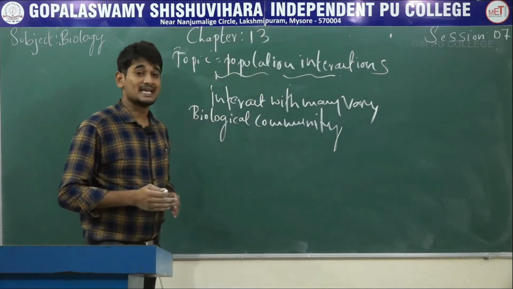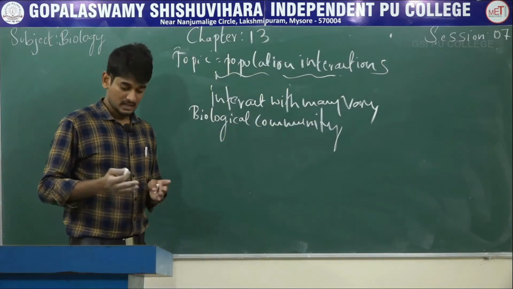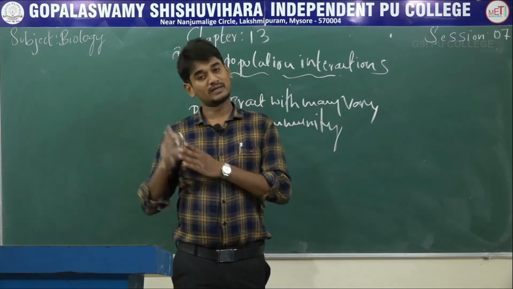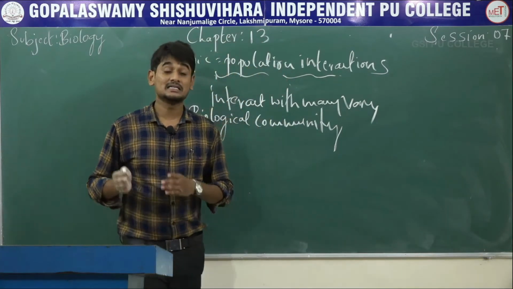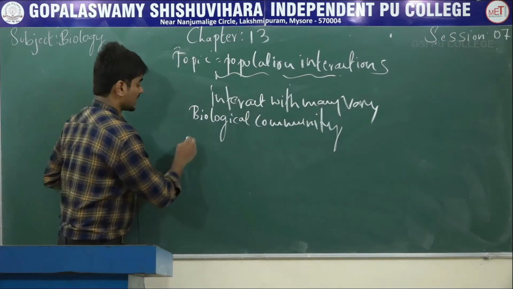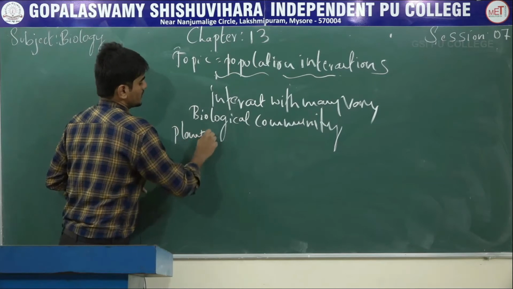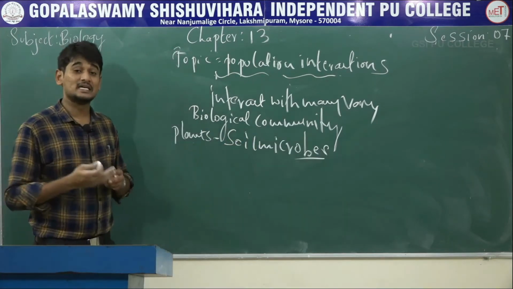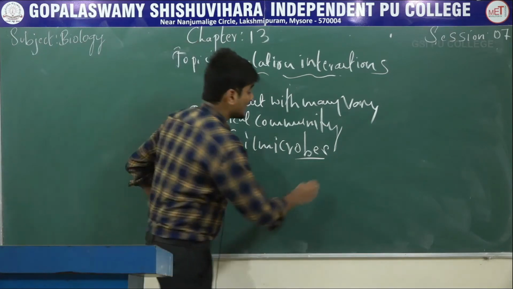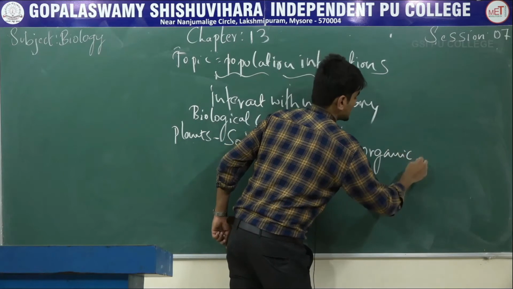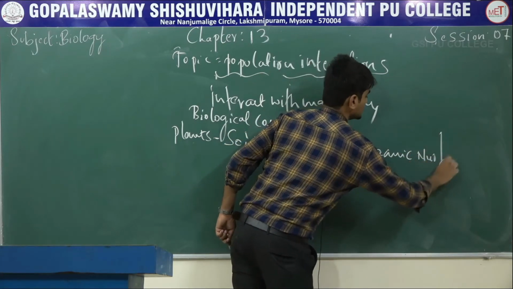For example, every plant species can make its own food using sunlight, but it cannot survive alone, because the plant needs soil microbes. These soil microbes break organic nutrients into inorganic nutrients for absorption.